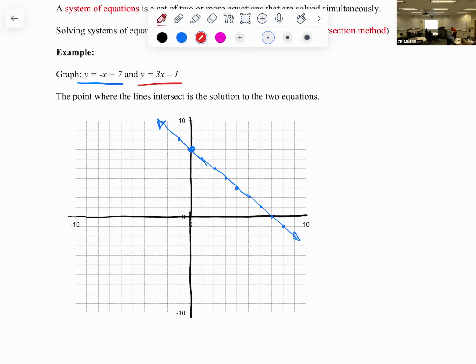All right, for the other one, what is our y-intercept? 0, -1. And what is our slope here? 3/1.